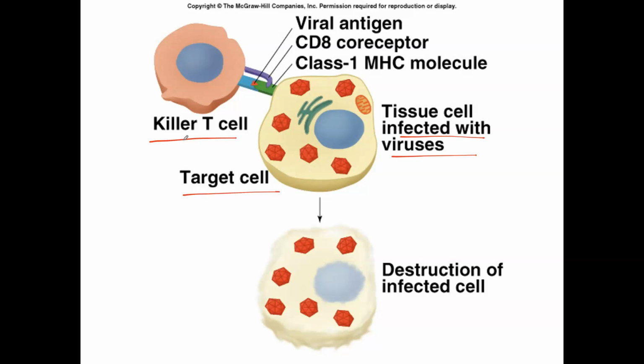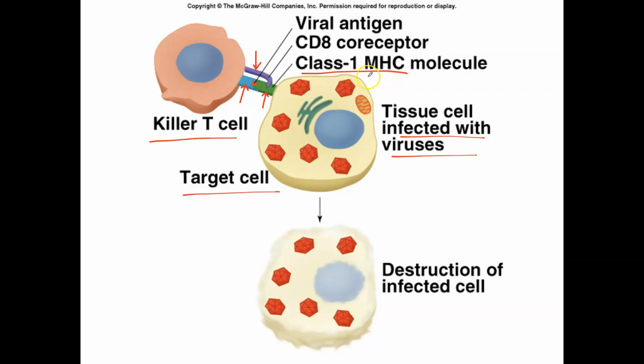So how does a cytotoxic T cell or a killer T cell actually recognize infected body cells? Well, it's going to use its T cell receptor. So this is the T cell receptor, and it's going to use what's called a CD8 protein to interact with a specific protein that's found on body cells, which is the class 1 major histocompatibility complex.